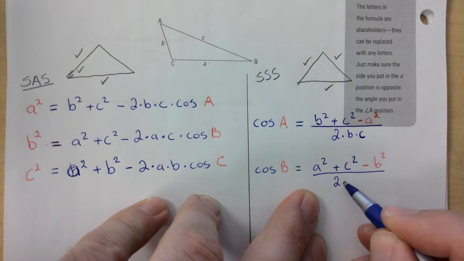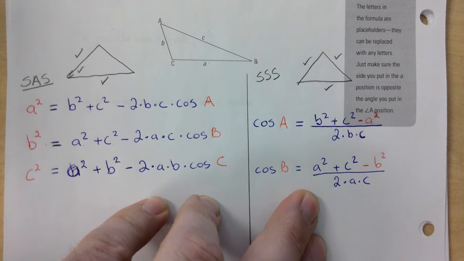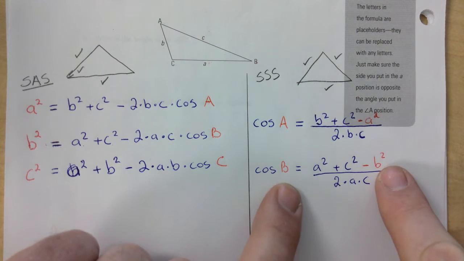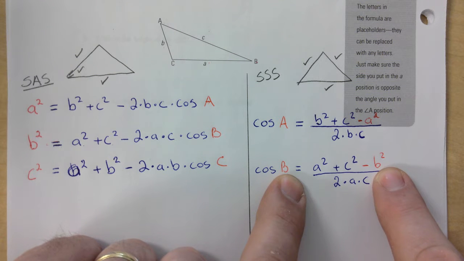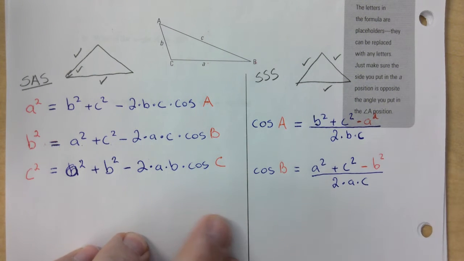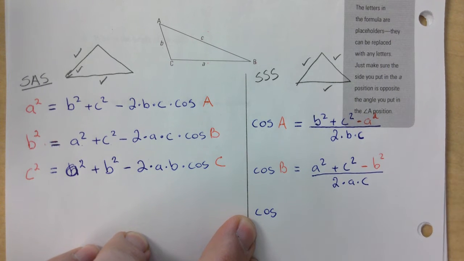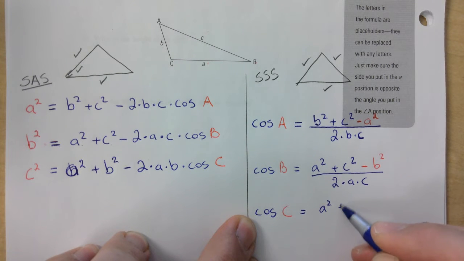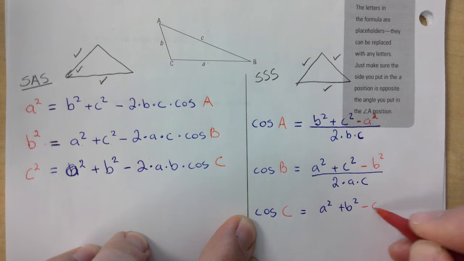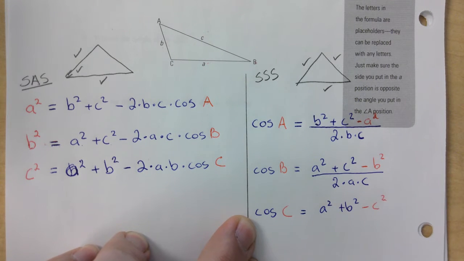If you copy this to your study sheet, I would strongly encourage you to have these in different color or highlighted. Okay. Last version of this, because there are 3 angles technically to choose, right? That would be a squared plus b squared minus c squared over 2 times a times b.